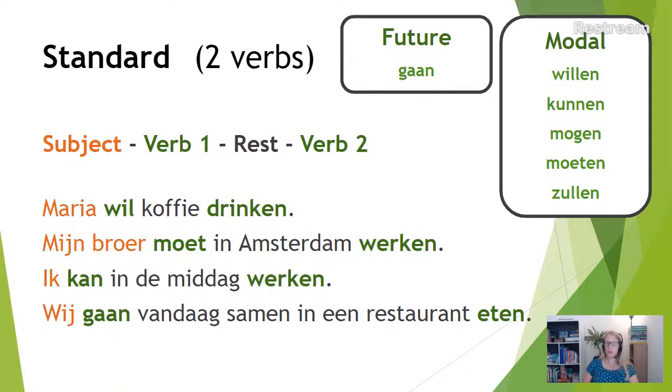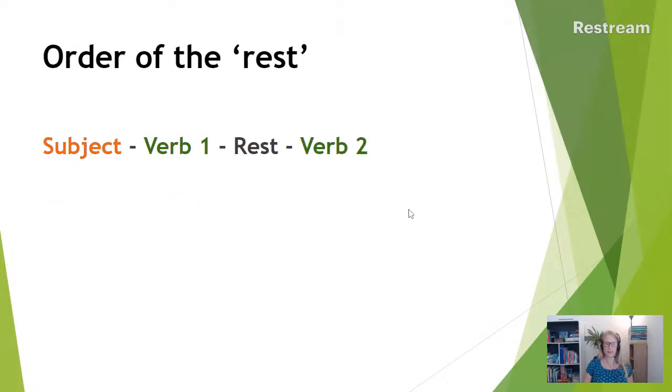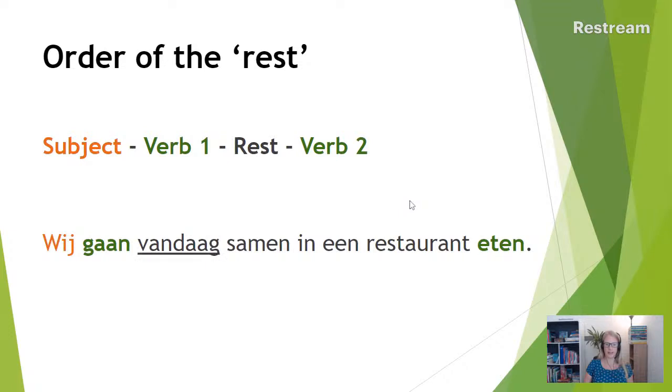So now you might be wondering how to order all the different rest items, right? So there is in most books this instruction that we will look at now. So you can see here, vandaag, which means today, which is a time.